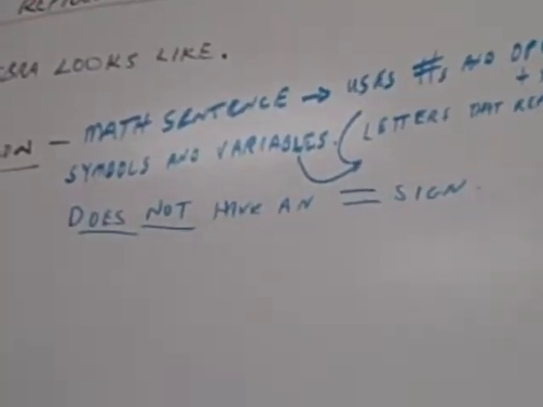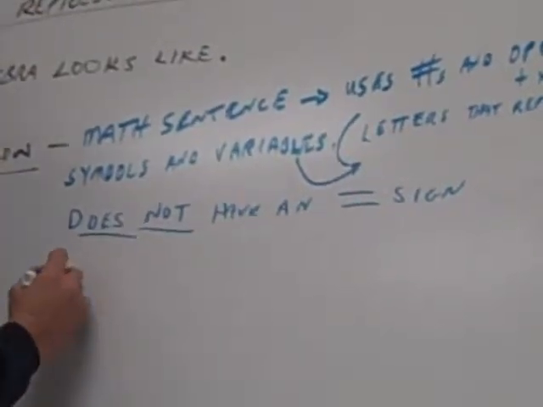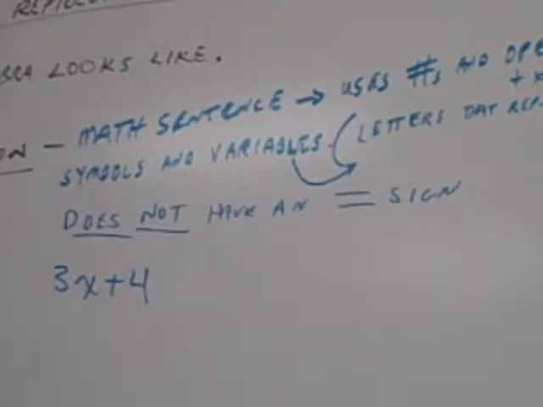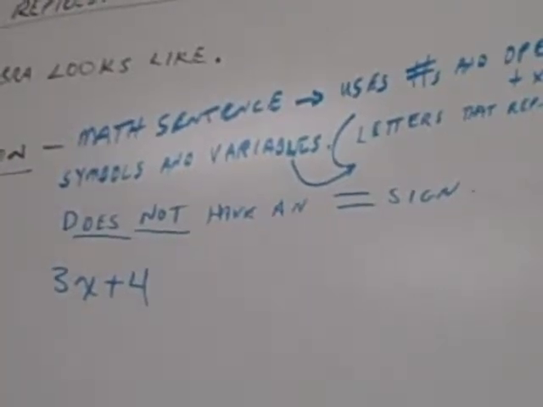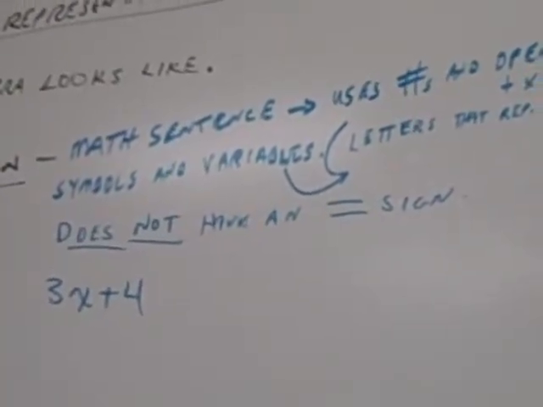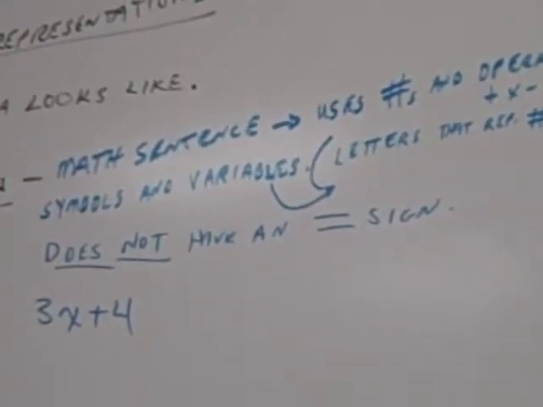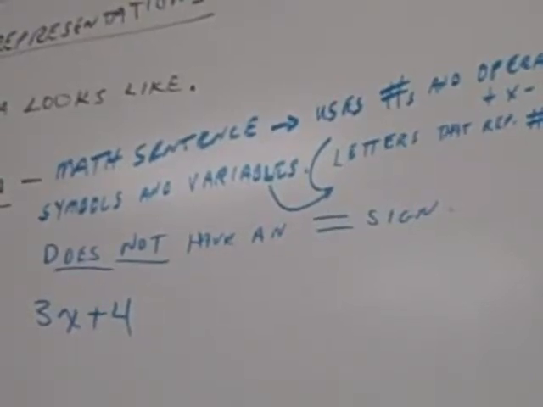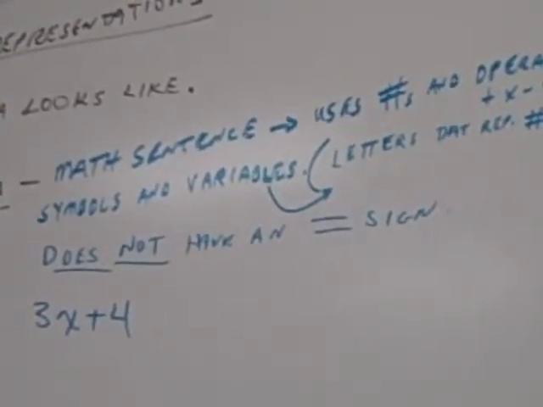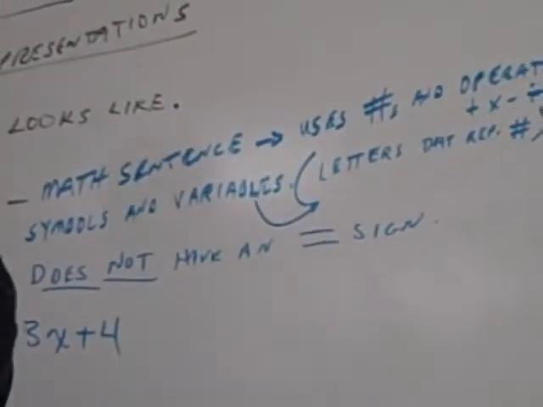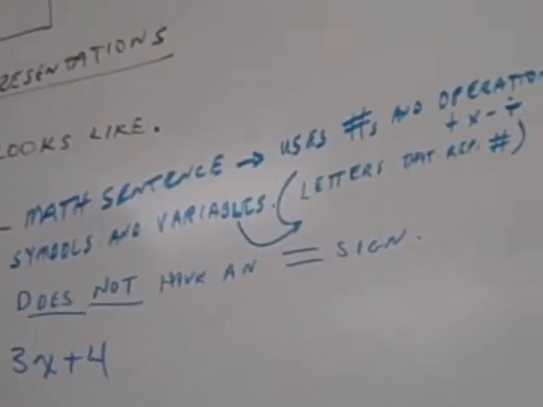So, it will look something like this. That is an algebra expression. Notice, it has numbers. It has a plus sign, which is an operation, and it has a variable. So it's an expression. There's no equal sign. It doesn't equal anything. It's just a mathematical sentence that has numbers, operations, and a variable in it.